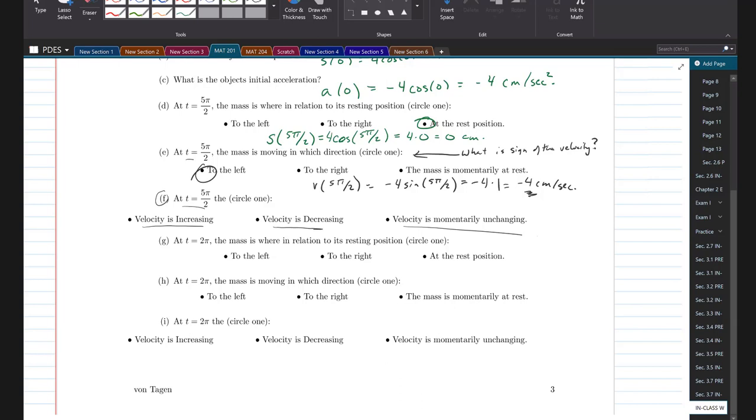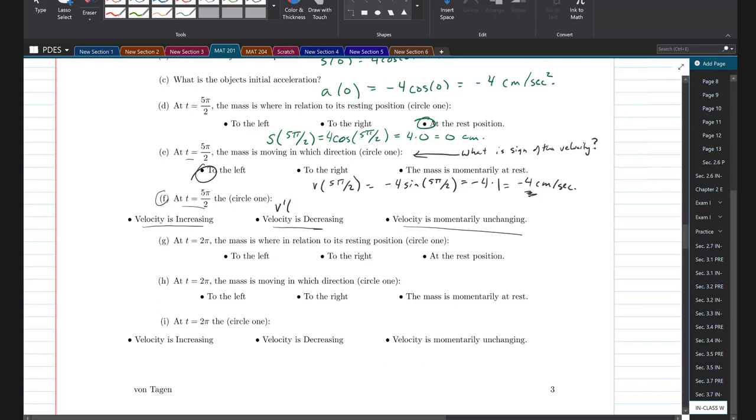Whenever I'm talking about how a variable is changing with respect to its independent variable, that's a derivative. So this is saying, what is v prime of 5 pi over 2, the same as the acceleration at 5 pi over 2? If you compute that, you'll get 0. And so the answer is the velocity is momentarily unchanging.